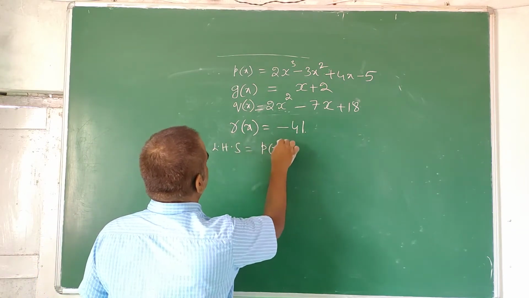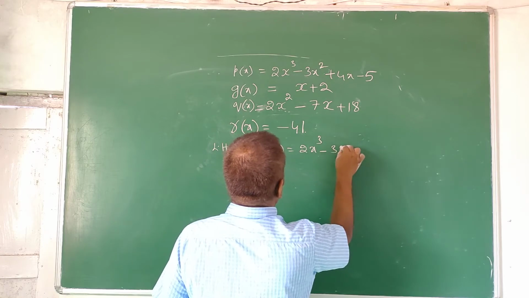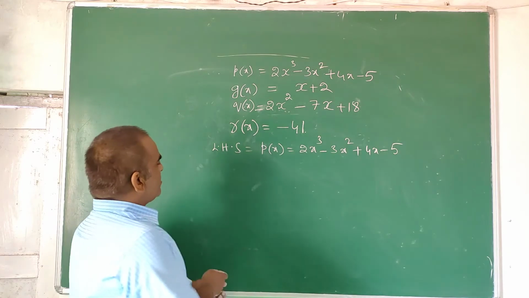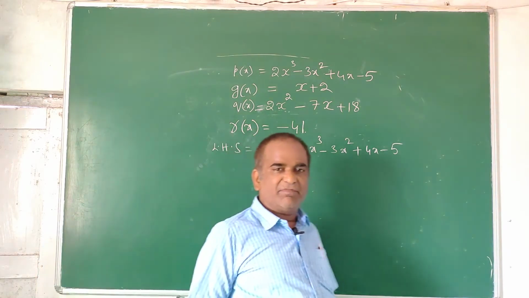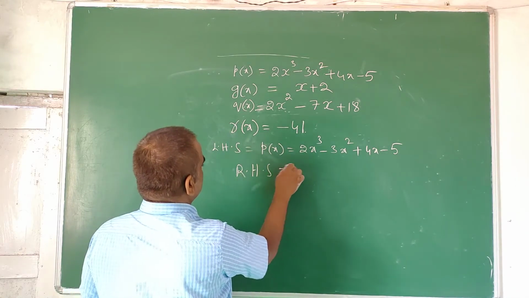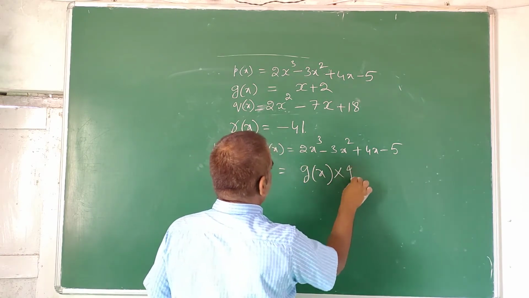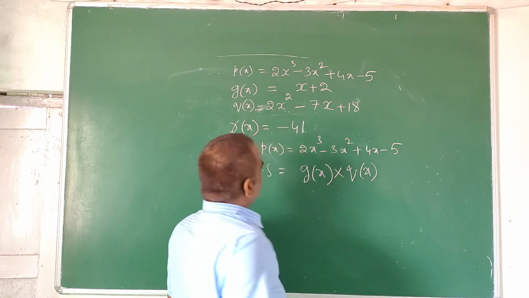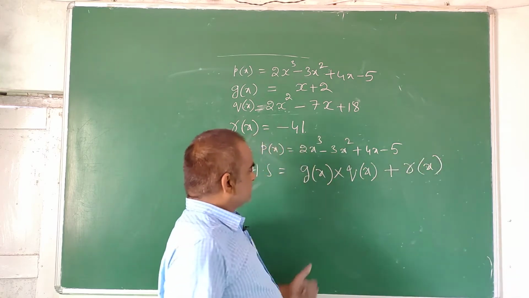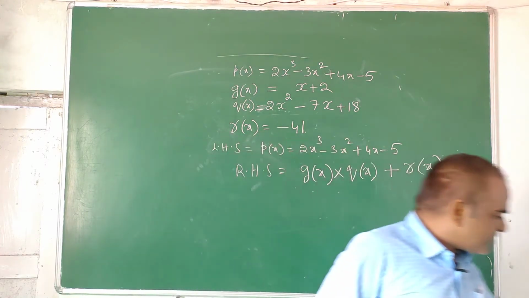It is P of x, which is 2x cube minus 3x square plus 4x minus 5. Now what is RHS in division algorithm of polynomials? What is RHS? G of x into Q of x, right, plus R of x. This is RHS of division algorithm of polynomials.